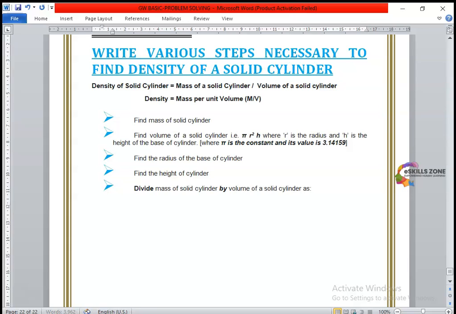as in the formula we discussed above: density is equal to mass over volume. You can call it mass per unit volume.